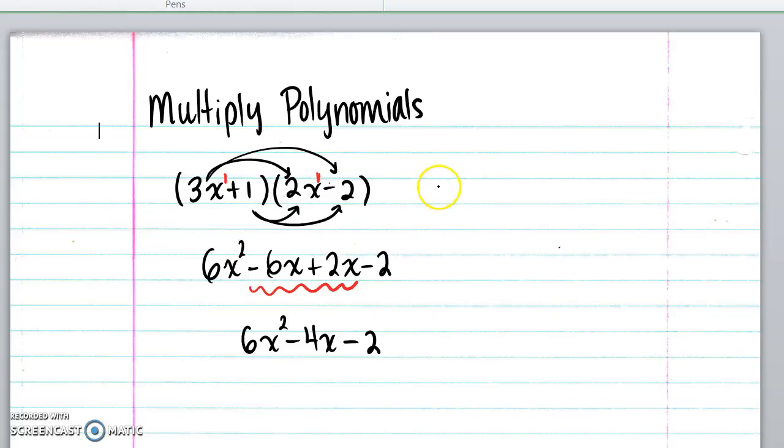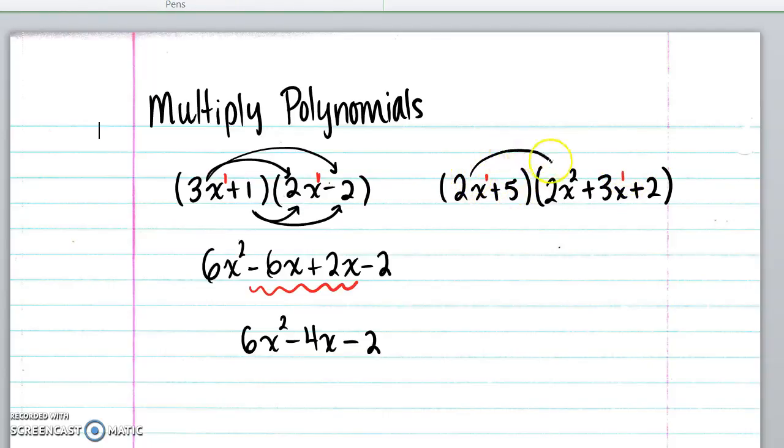Okay, you can even take a binomial and multiply it by a trinomial. So you'll do it the same way. If you need the understood ones, go ahead and put those.